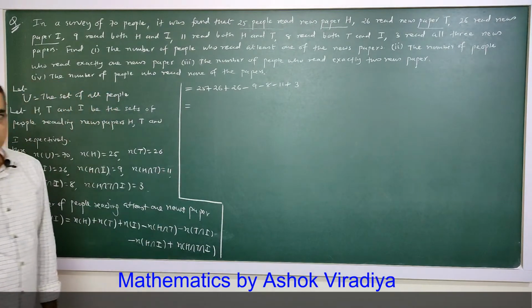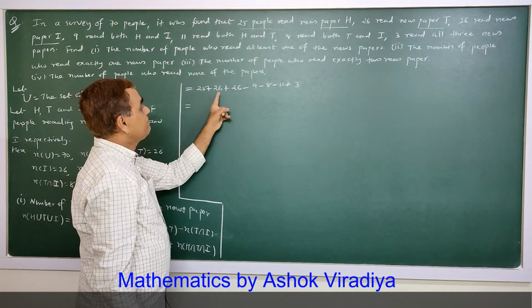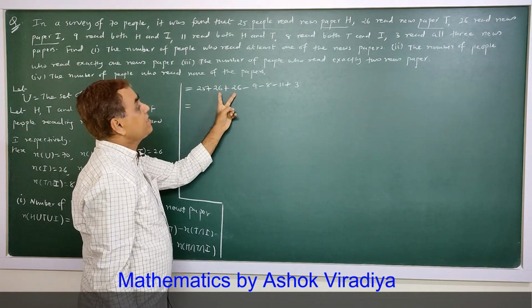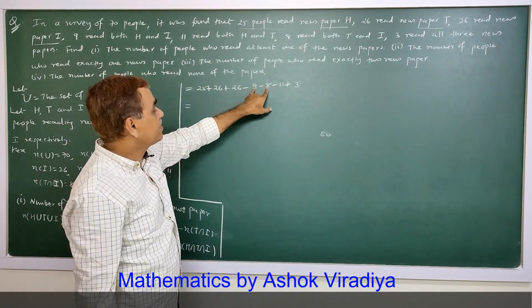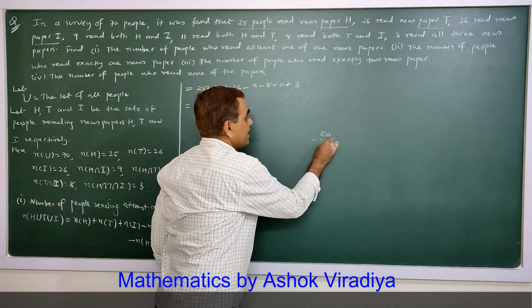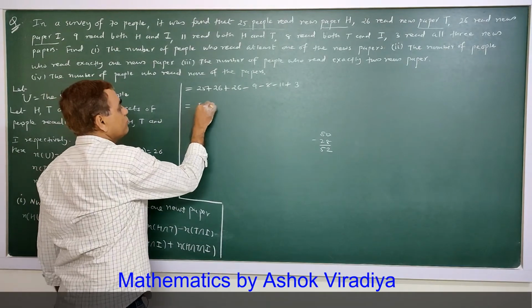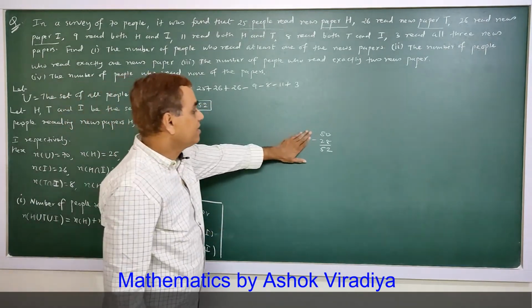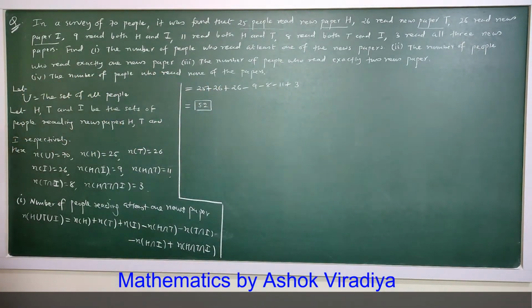So it is equal to 25 plus 26 plus 26, that is 75 plus 2, 77, 77 plus 3 is 80. Now this is 8 plus 9 17, 17 plus 11 28, so minus 28, so what is left? 52. So 52 people read at least one newspaper. So 80 minus 28, that is 52.